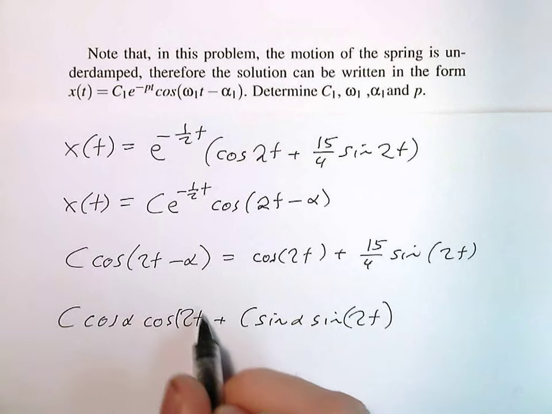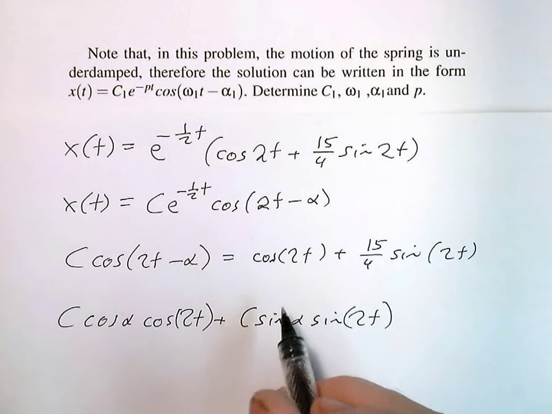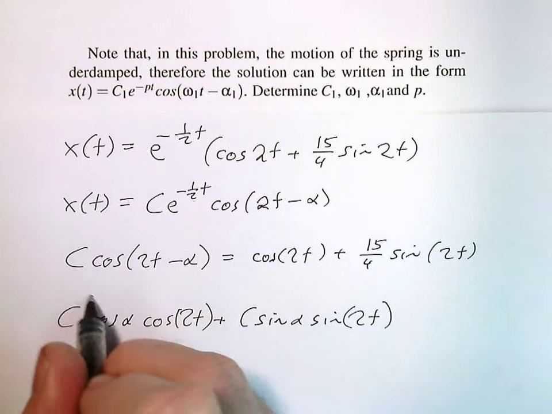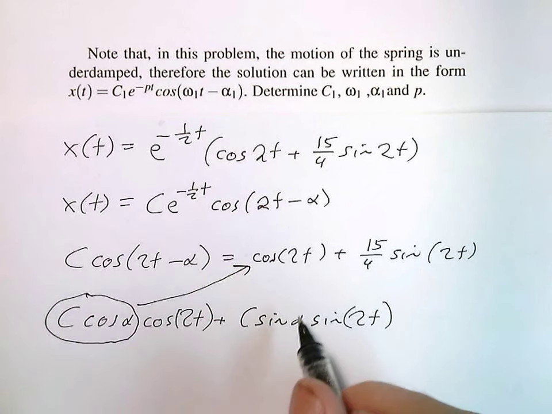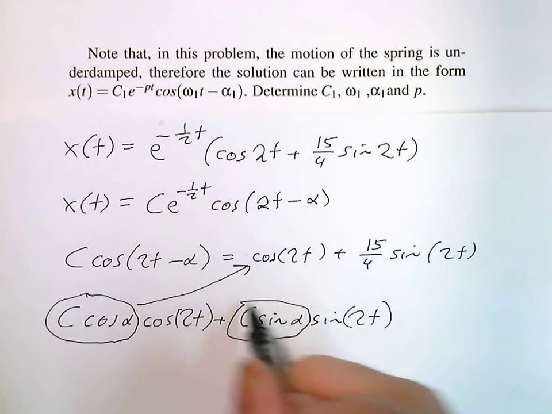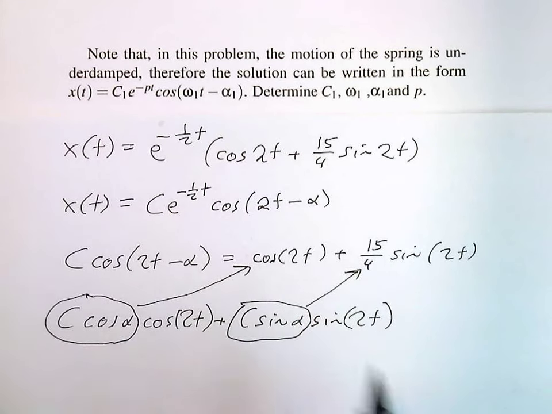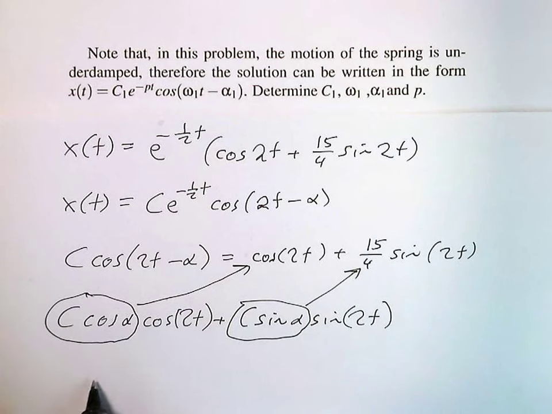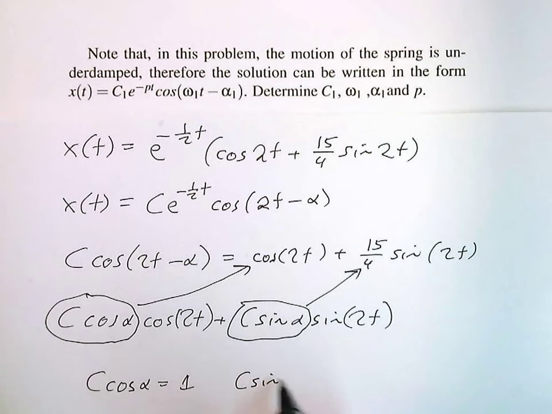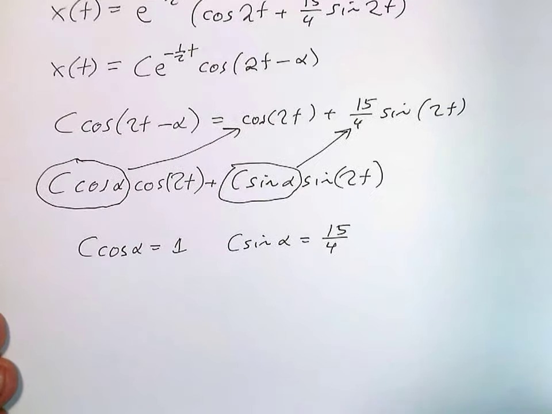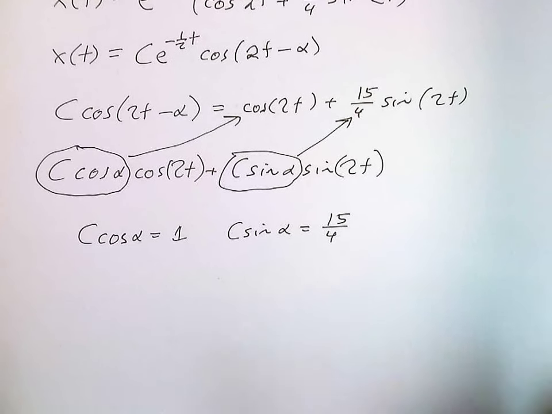Okay, and to make these things match up, this part here has to be the coefficient in front of the cosine, and this part here has to be the coefficient in front of the sine. So we have to solve that c cosine alpha is 1 and c sine alpha is 15 over 4. And after you've done a few of these, you can memorize these relationships here.